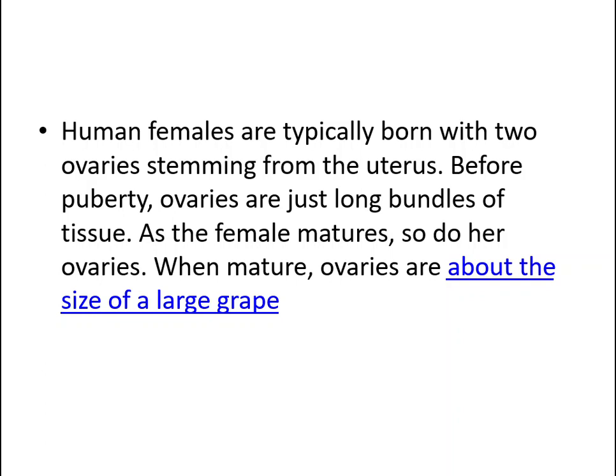But as the girls mature, the ovaries also mature in structure and functioning. When the girls are mature, they are about the size of large grapes, or the size of an almond. That is the normal size of the ovary at the age of puberty.